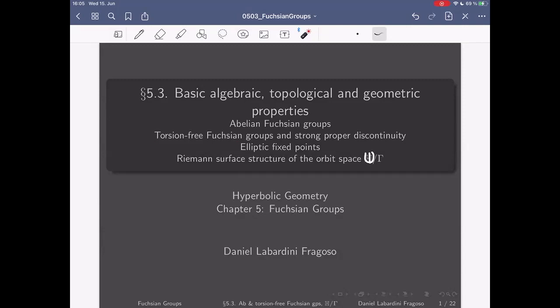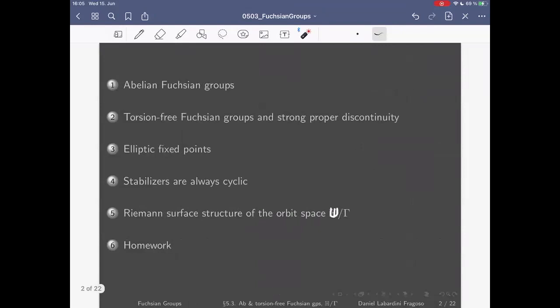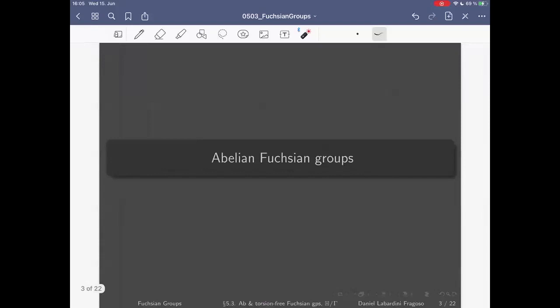And all of this will allow us to deduce a general theorem, which is that if you have a Fuchsian group gamma and you quotient the upper half plane by this group action, then you can get an induced Riemann surface structure on the quotient, so on the orbit space. Right, so that's the structure of the lecture, and we'll start with the abelian Fuchsian groups.